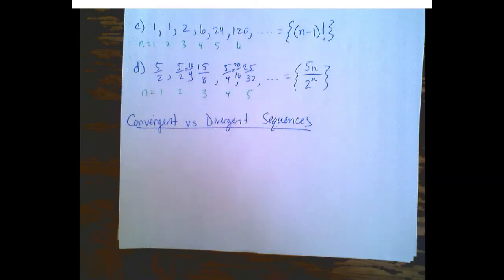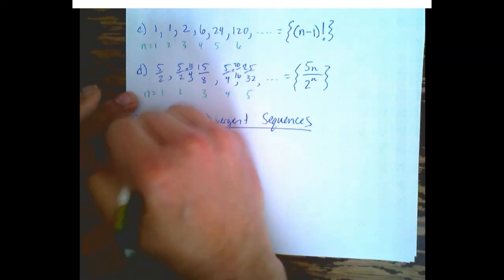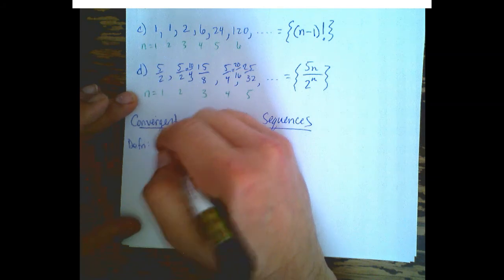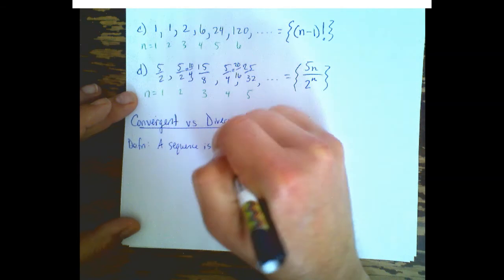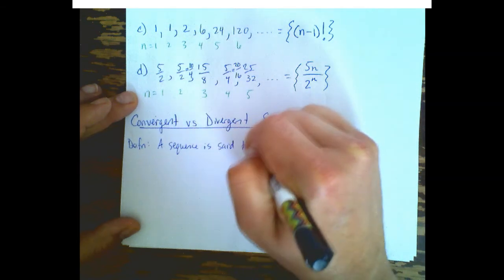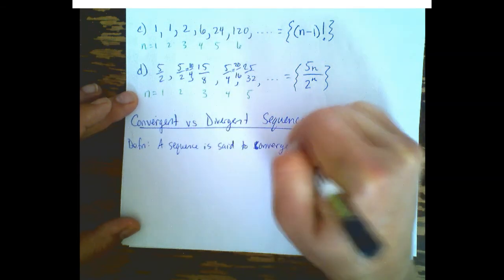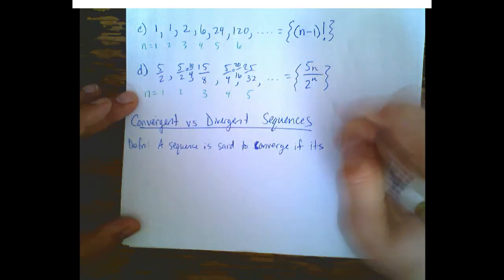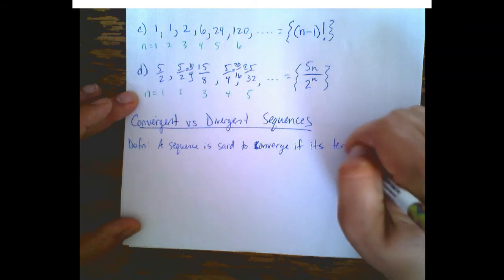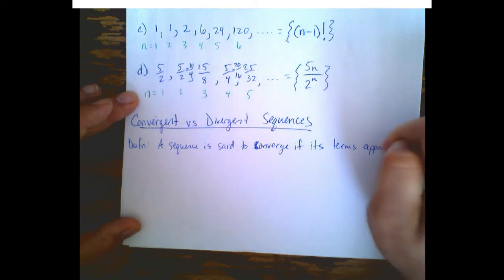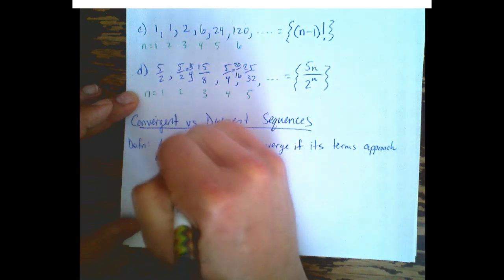As we saw with the improper integral video, certain things converge and certain things diverge, and it depends on whether we get a finite value or an infinite value. So let's look at a definition. A sequence is said to converge if its terms approach a finite value.